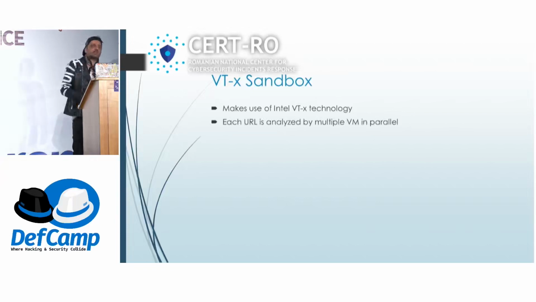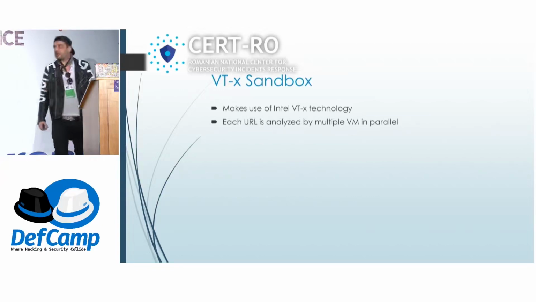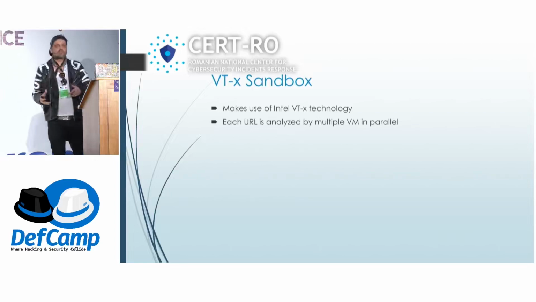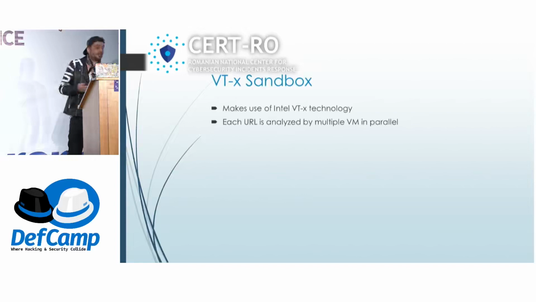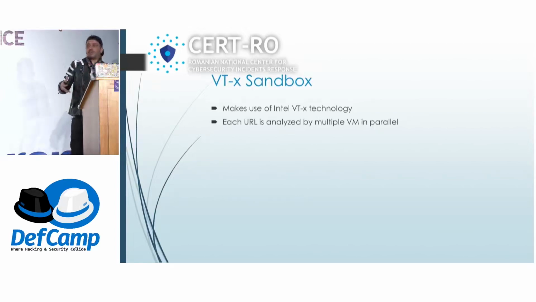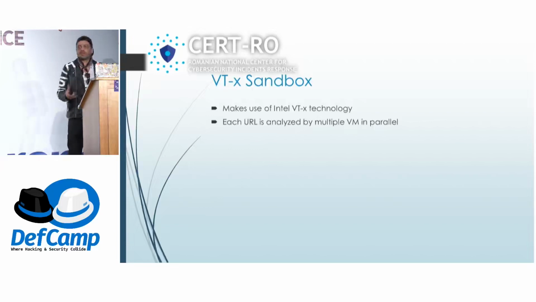Each URL is analyzed by multiple VMs in parallel, each virtual machine running different versions of browsers, different types of browsers and different types of operating systems, in order to understand how the code reacts according to the changes and maybe what browsers and operating system it targets.